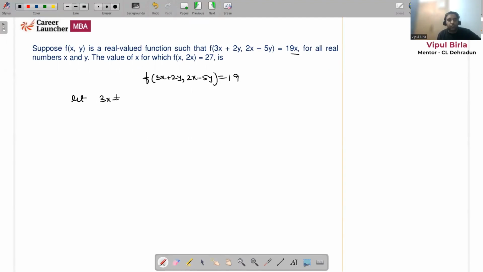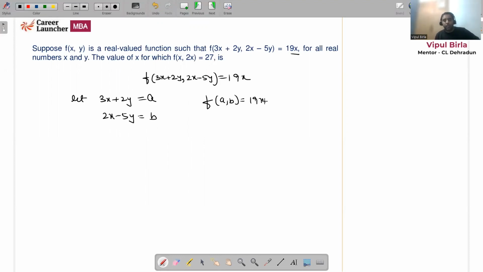Let 3x plus 2y be equal to a, and 2x minus 5y be equal to b. That means f of a, b is equal to 19x.